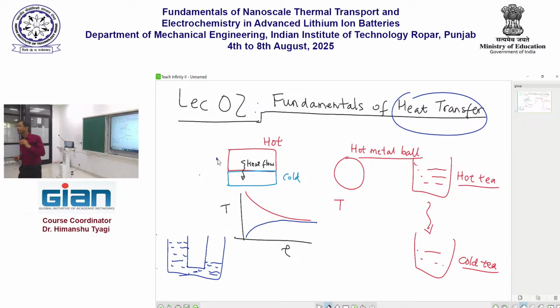The density will not change here. There is no transfer of mass that occurs. Only heat flows, but mass does not flow, at least in this simple example. Do you understand what I'm saying? Cool.